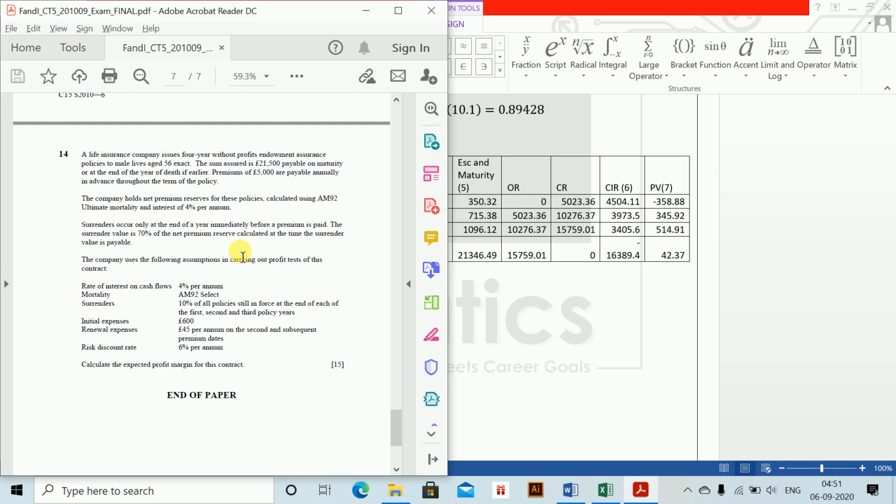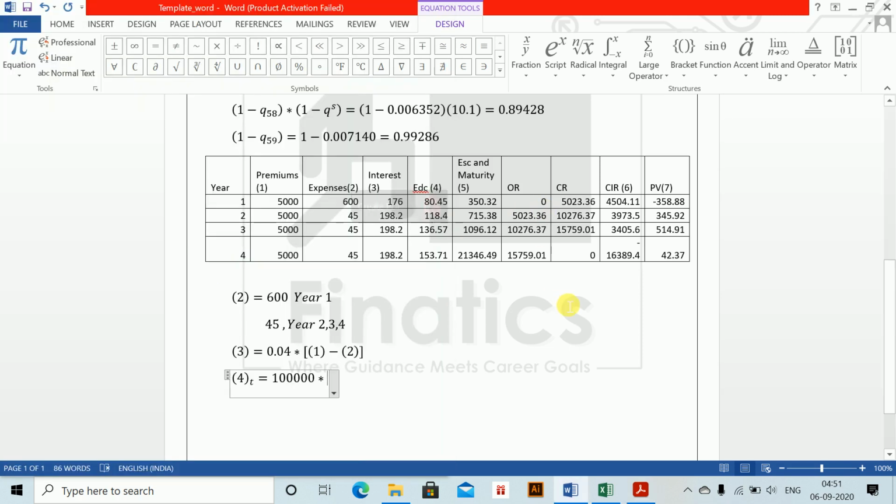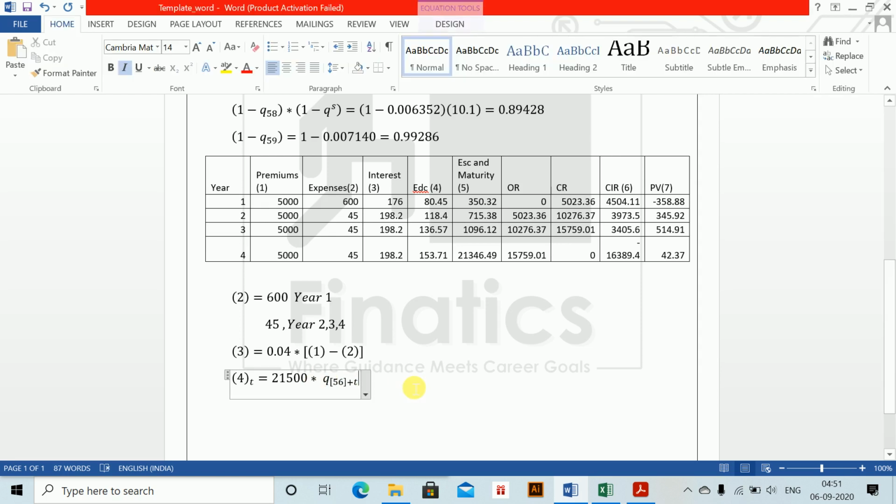This is 21,500. Sorry, 21,500 into q_56+t.